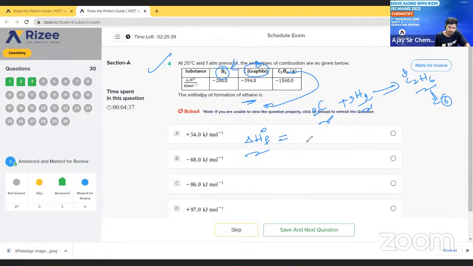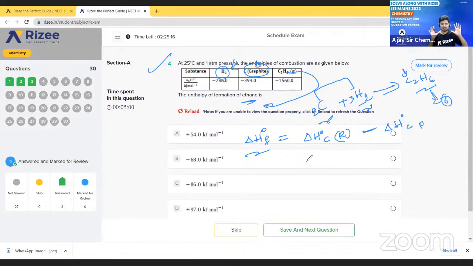See here, the enthalpy of combustion of reactants, that means this carbon and this H2, minus the enthalpy of combustion of product.